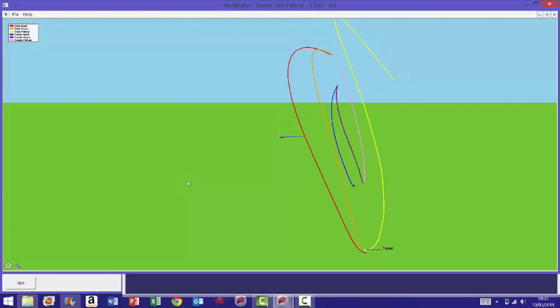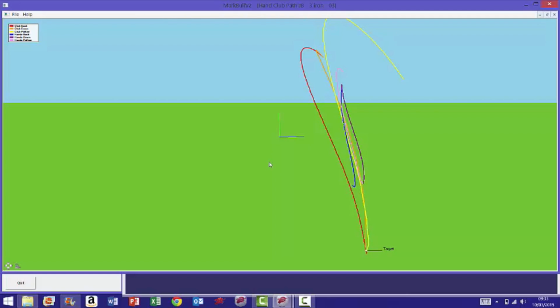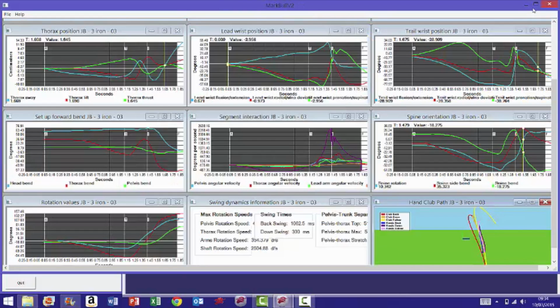You'll see through here, Jamie, that blue is the hands back, purple's hands down, red is club head back, orange is club head down, and how mismatched the hand and club path is in response to how you move around that frame you have, i.e. the right shoulder and right wrist, and then how that causes the response it does in terms of that hand and club delivery, which is what we discussed in the session.